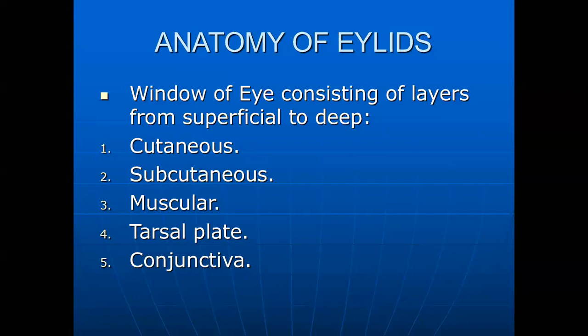The outermost layer of the eyelid is the cutaneous layer, that is the skin. Number two, deep to it is the subcutaneous layer. Further deeper is the muscular layer. Then is the tarsal plate layer, and finally the deepest is the conjunctiva.